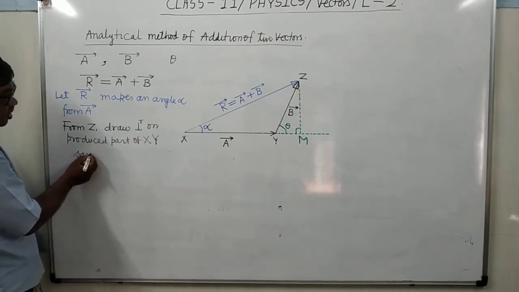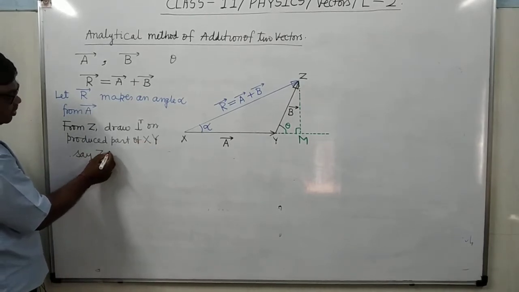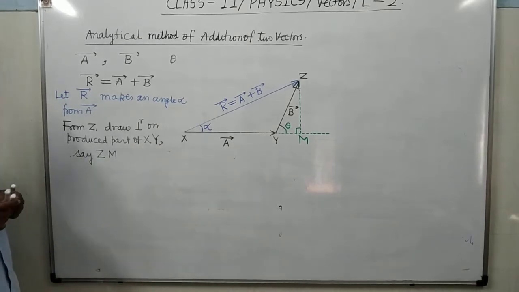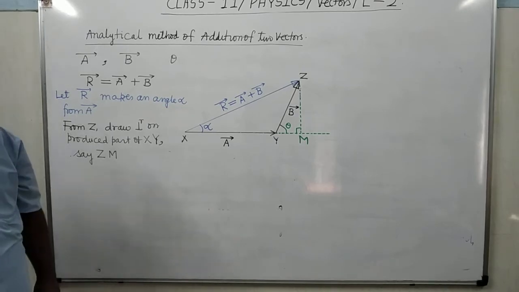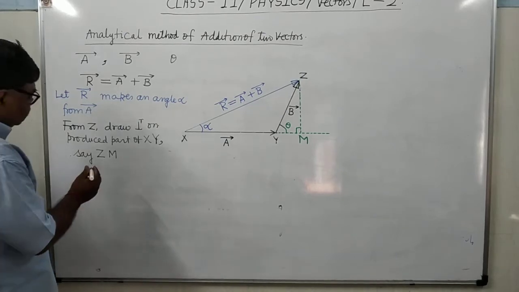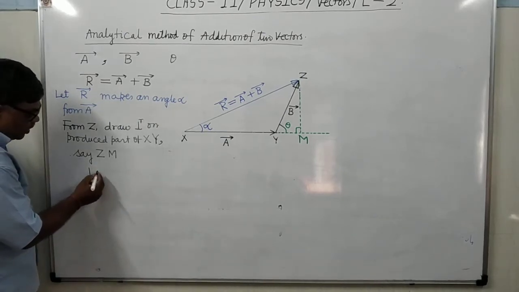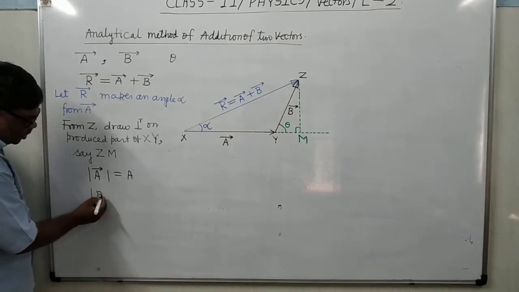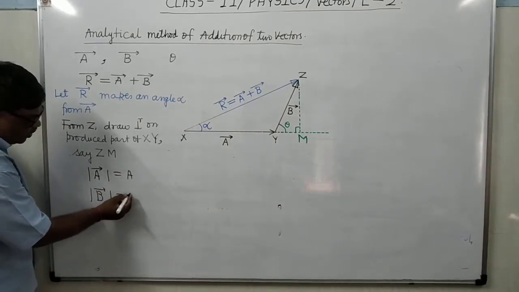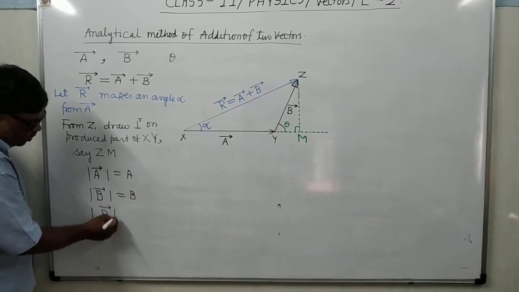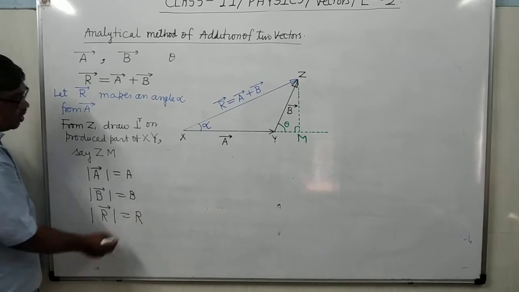Say ZM, meaning this perpendicular has been named as ZM. It is clear. Now here the magnitude of vector A is A, the magnitude of vector B is B, and the magnitude of vector R I have taken as R.